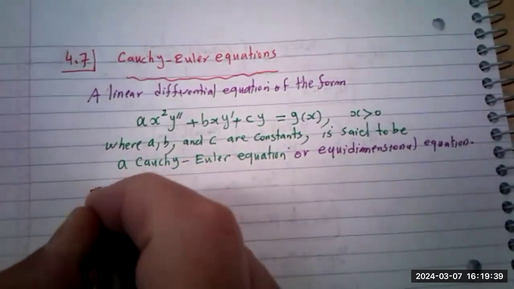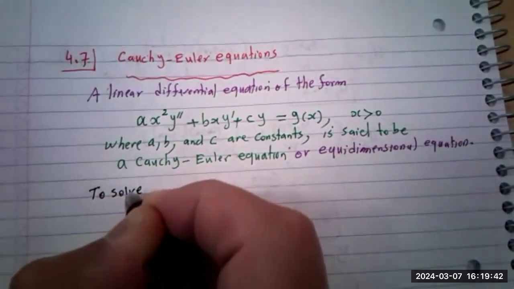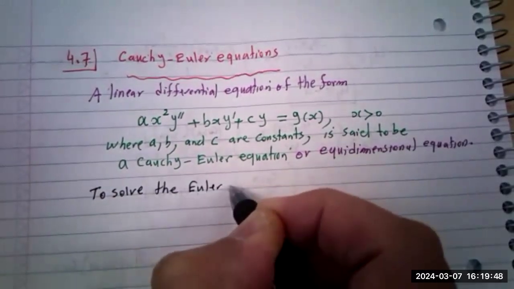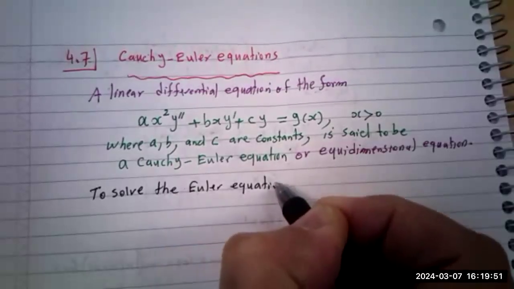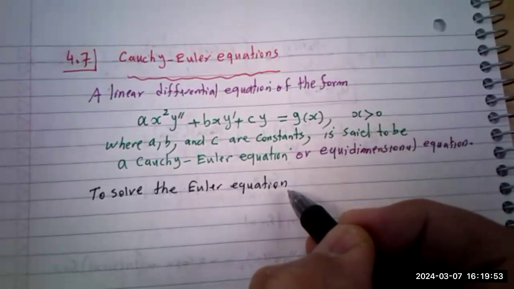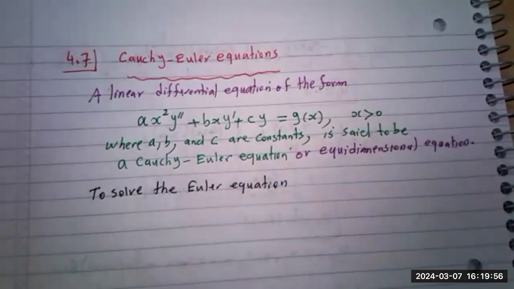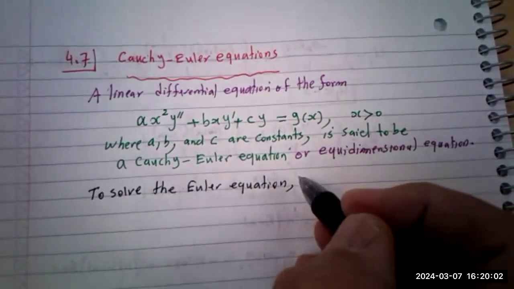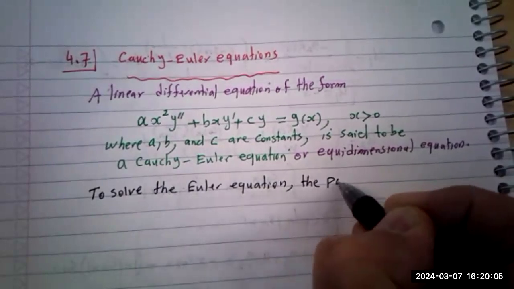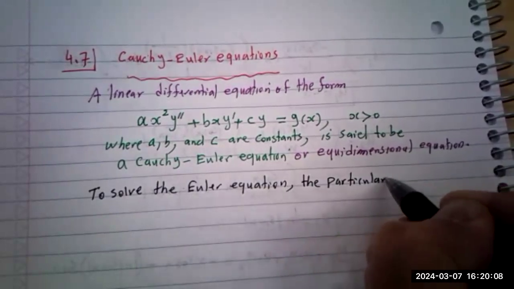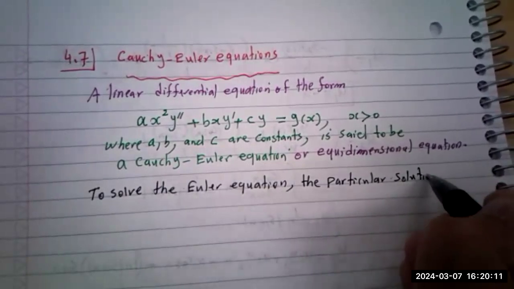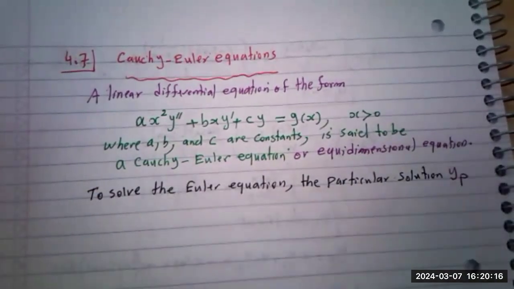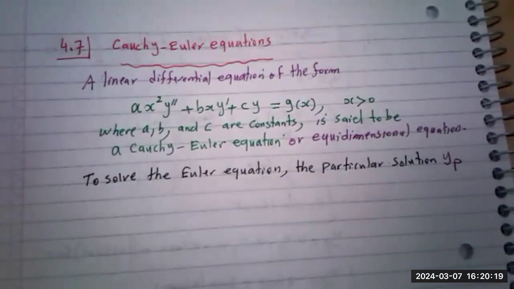So here we are to solve this equation, the Euler equation. You have to solve the homogeneous one first. This is going to be one. Suppose you solve the homogeneous one. The particular solution YP must be done by using the variation of parameter method.